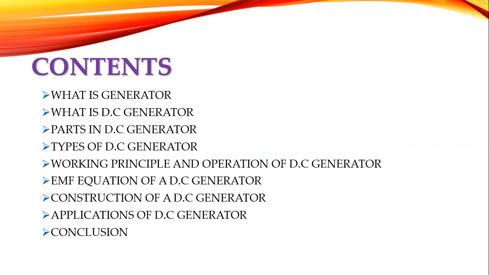The contents in my topic are what is a generator, what is a DC generator, parts in a DC generator, types of DC generators, working principle and operation of a DC generator, EMF equation of a DC generator, construction of a DC generator, applications of DC generators, and finally the conclusion.